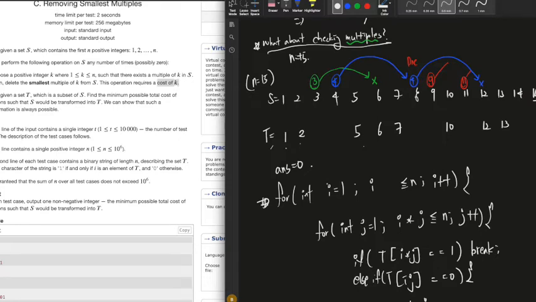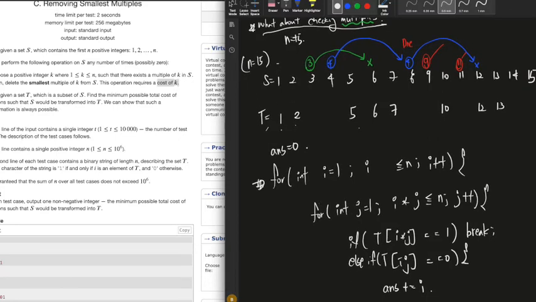So it starts with 1. We pick I from 1 to n. So I will be 1 at first, and j will be 1. So ij will be 1 too.